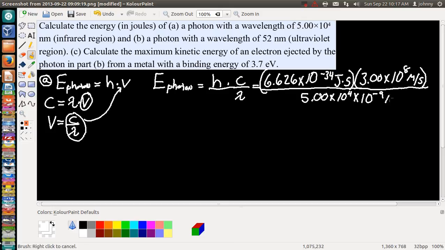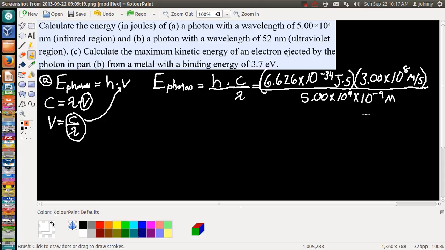So there's M there. Now remember, this part right here is the nanometer part. So this part right here is still the original wavelength number, the 5.00 times 10 to the 4th nanometers. So there's the NO for the times 10 to the -9, and there's the M. I know it's not written correctly in scientific notation, but that's okay.